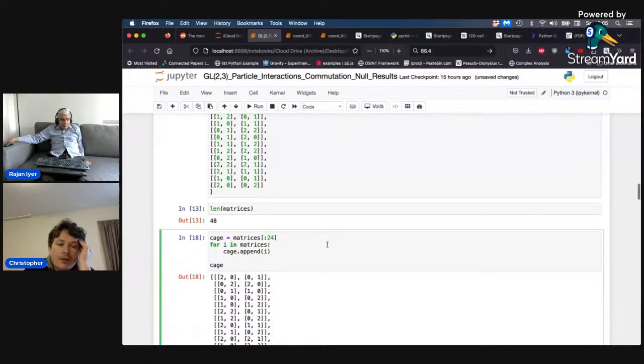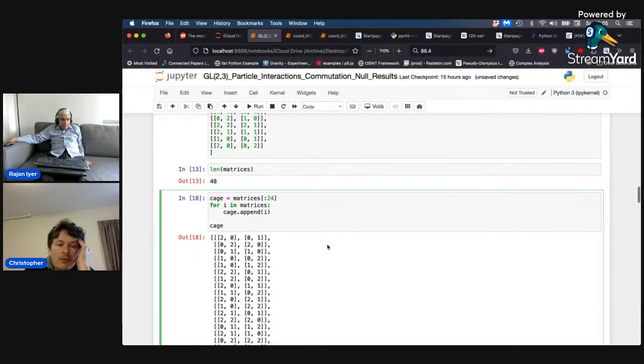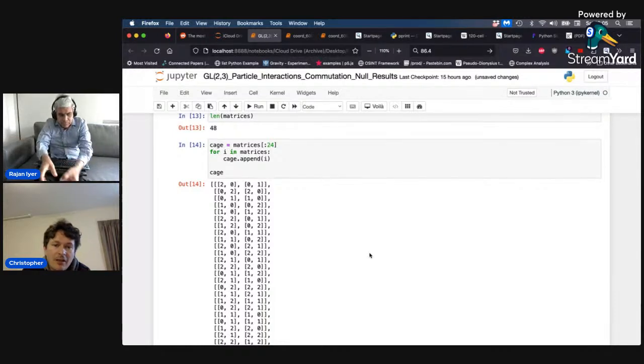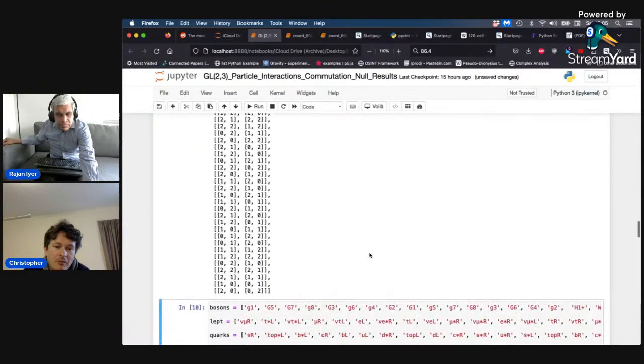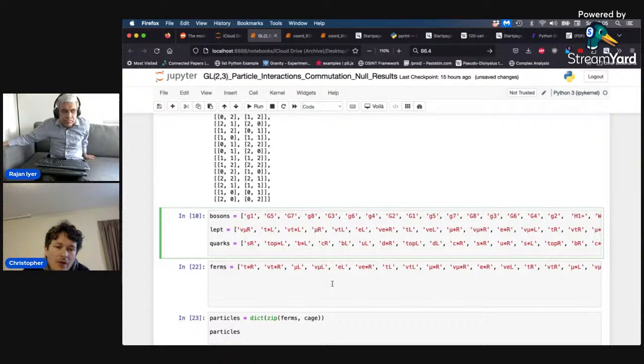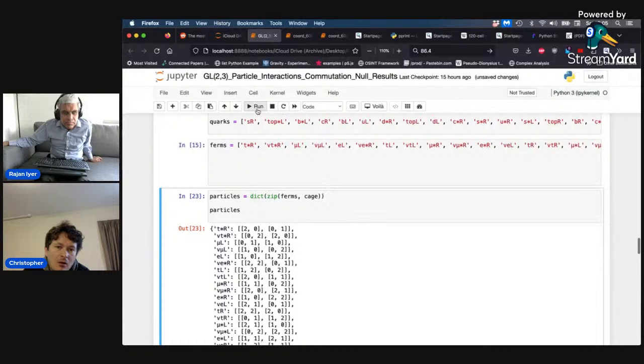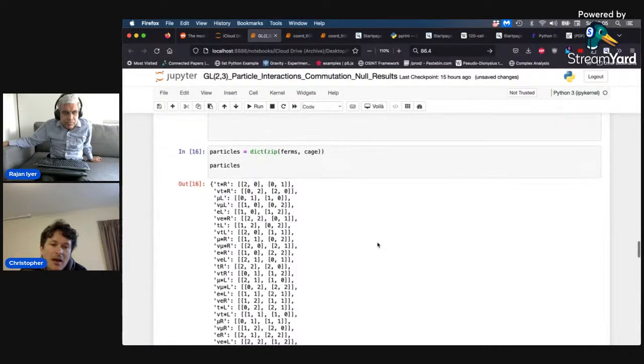Now, right, well, we need to duplicate some of them because we have all of the leptons and all of the quarks. So they're going to be the same group, but they're going to be duplicated. So then we take fermions, and then we zip them with all of our matrices, and there we go.